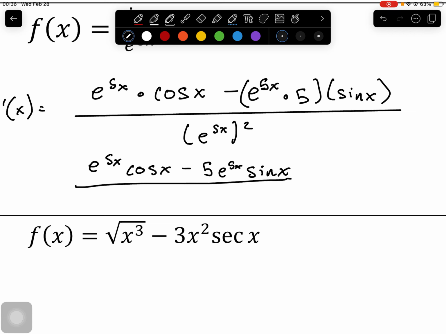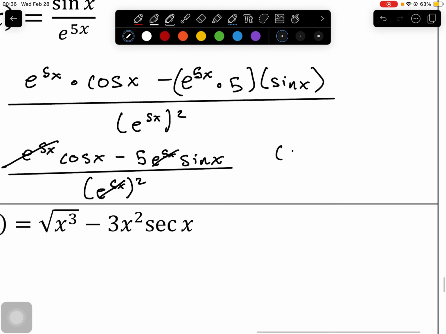And all over, in this case, I think we could just leave it like this. It's weird, right? And I see that my e to the 5x cancels. It could cancel here, here, and here. So now our final equation is going to be cosine x minus 5 sine x over just e to the 5x.